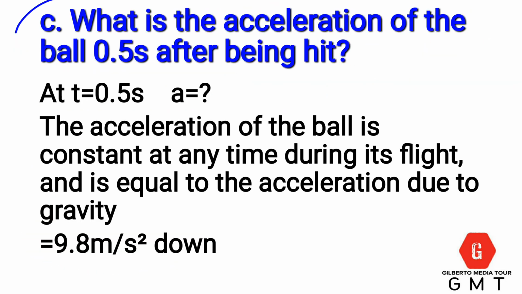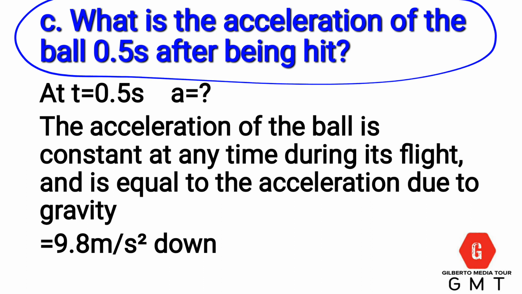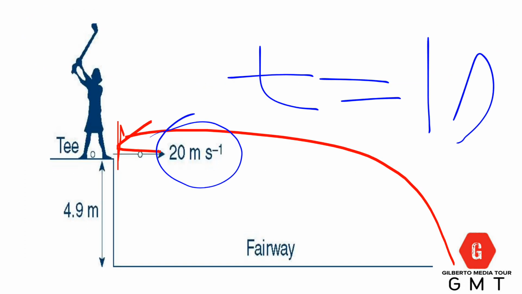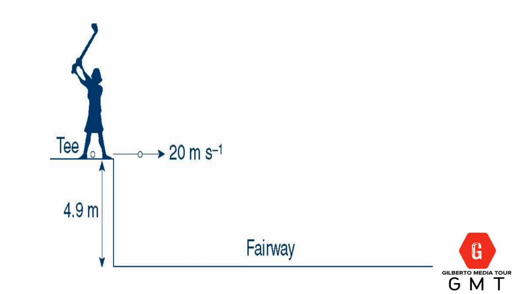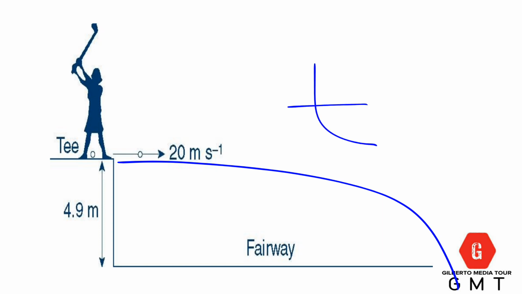What is the acceleration of the ball 0.5 seconds after being hit? Remember that the total time used from the elevated tee equals 1 second. It means that at 0.5 seconds the ball is still in the air.